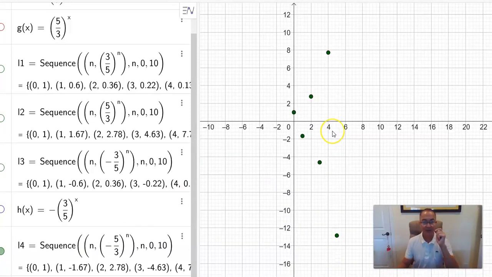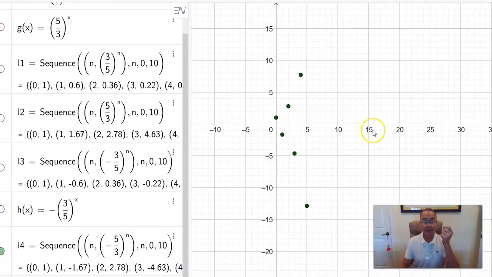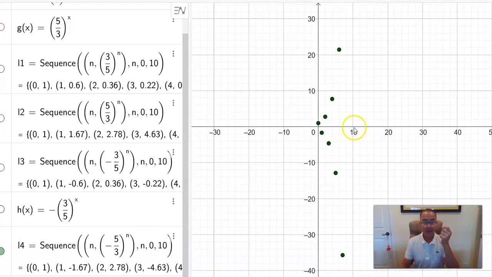So this time, what is happening here? Again, it's alternating. The even powers are positive, the odd powers are negative. Now it looks like the positive terms are getting bigger and bigger in absolute value without bound. The negatives are doing the same thing, except the sign is negative.